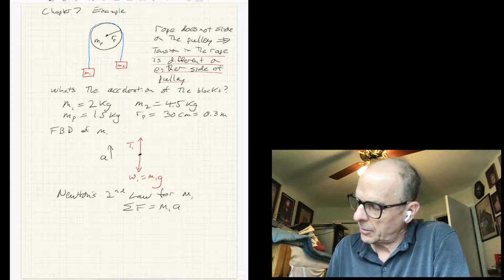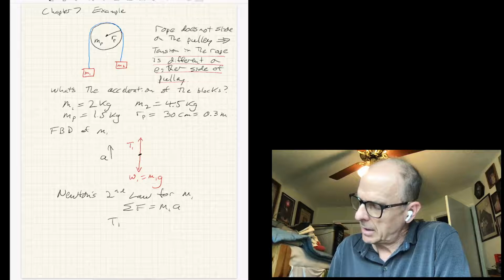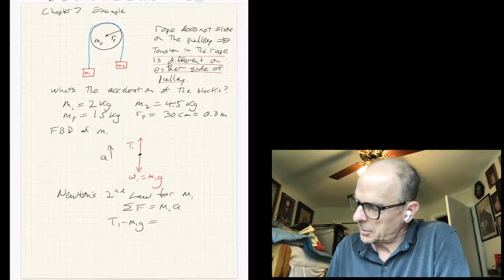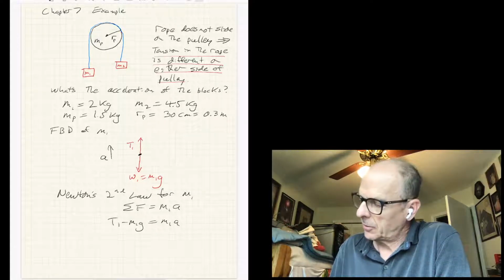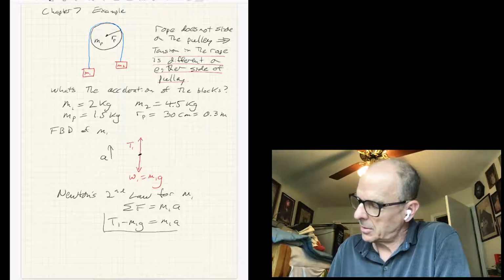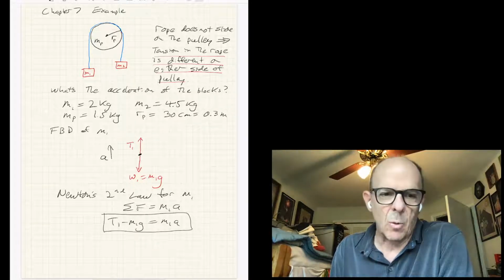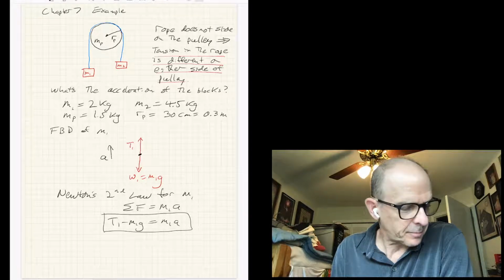So the sum of the forces here, T1 up minus m1 times g equals m1 times a. So that gives us everything we can or need to know about m1 from Newton's second law.